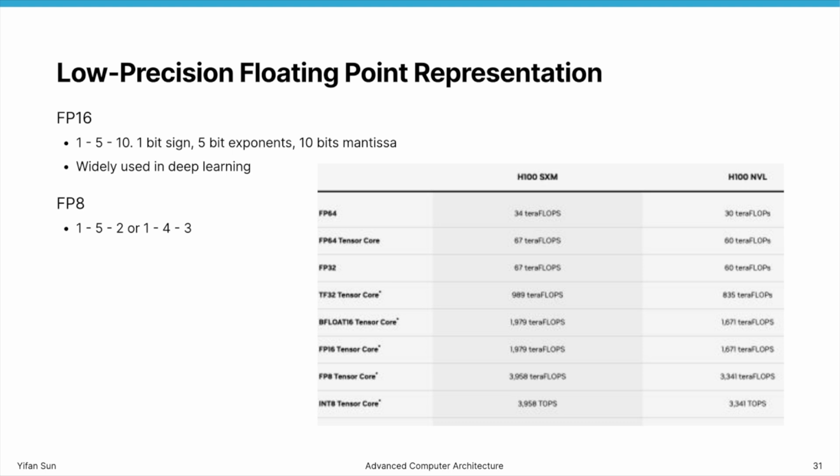If you consider E2M1, that's basically only 2 bits, so 4 possible values: 0 0, 0 1, 1 0, and 1 1. So that represents 0.25, 0.5, 0.75. That's pretty much the only values I can represent, right? Then with E4M3, we have a smaller range but slightly higher precision.